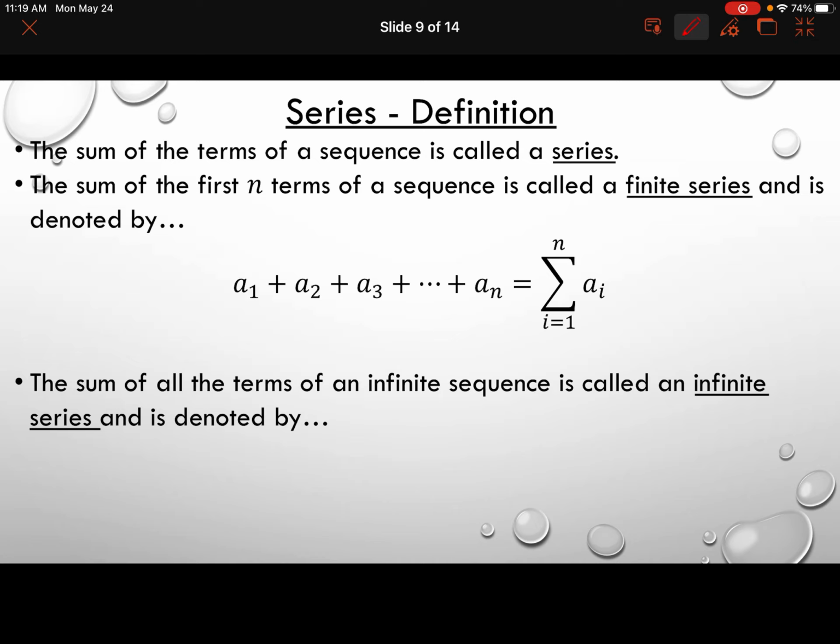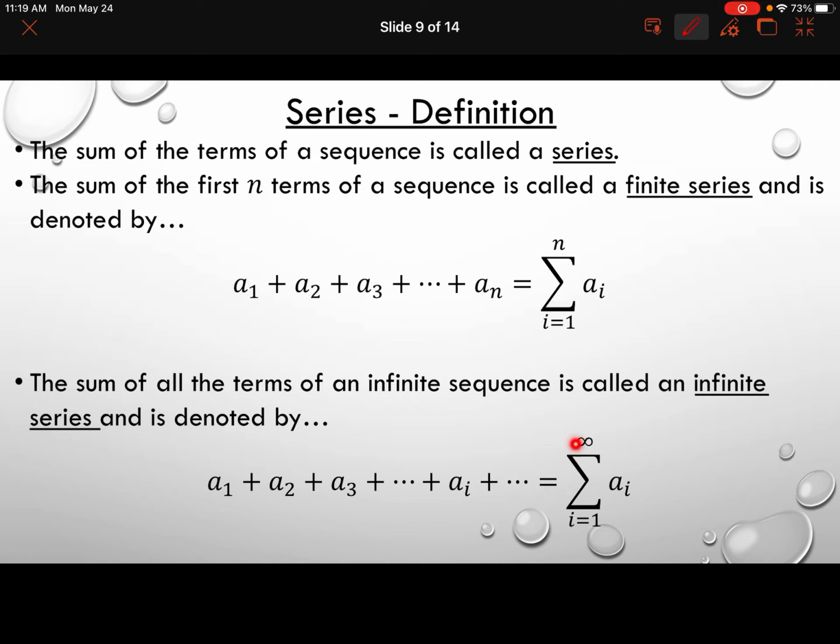Now, there is another type of series, an infinite series. The sum of all the terms of an infinite sequence is called an infinite series and is denoted by this. So you'll see, instead of just taking the first 5 terms or the first 10 terms or whatever, we're going to take all the terms to infinity. Okay?